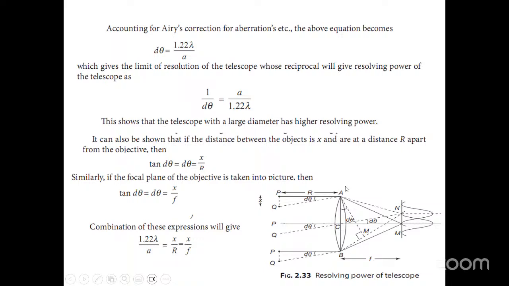Lambda is the wavelength, A is the slit width, and x is the distance between the objects, and capital R is the distance from the objects. Then you can easily find out at what distance the resolving power takes place between them.